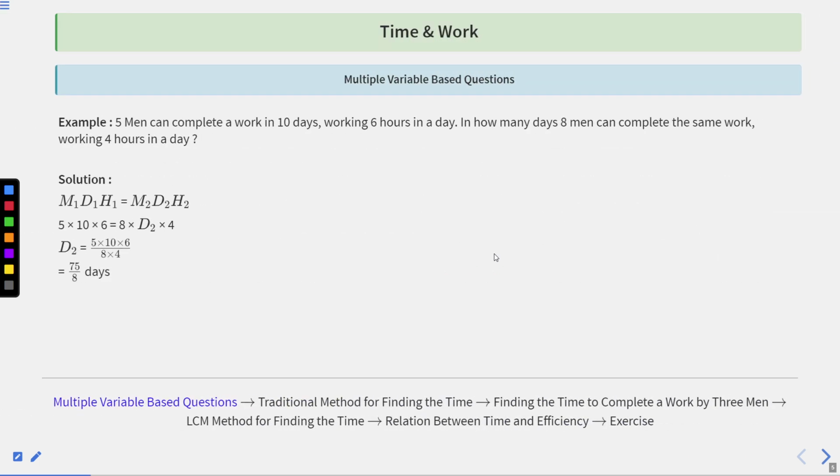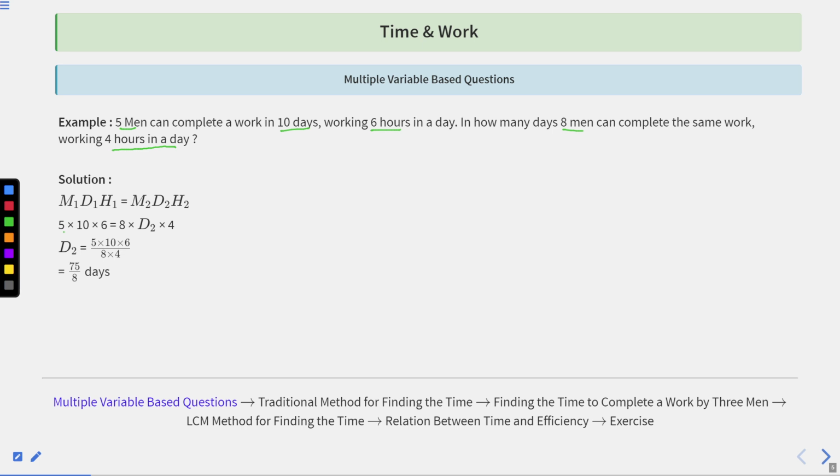So let us have a look over an example. We have 5 men who can complete a work in 10 days, working 6 hours in a day. In how many days can 8 men complete the same work working 4 hours each day? Using the relation that we have seen in the last slide, M1 D1 H1 equals M2 D2 H2.